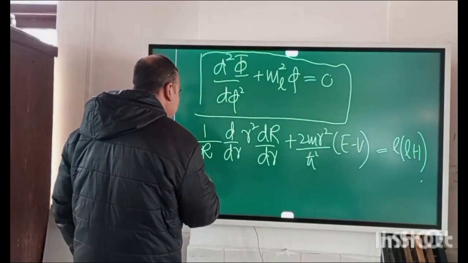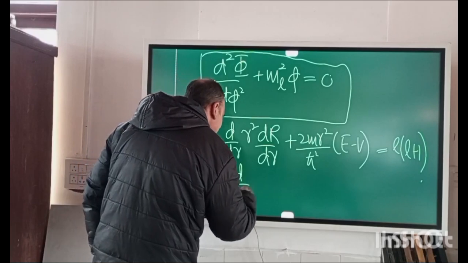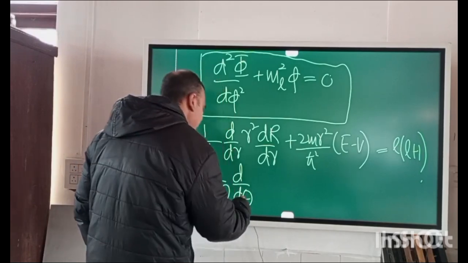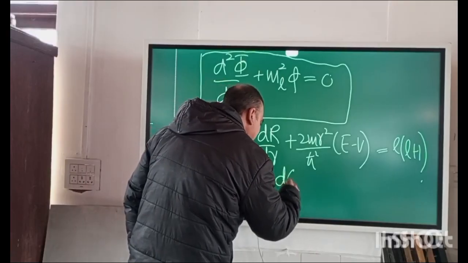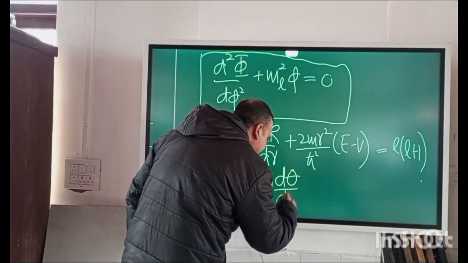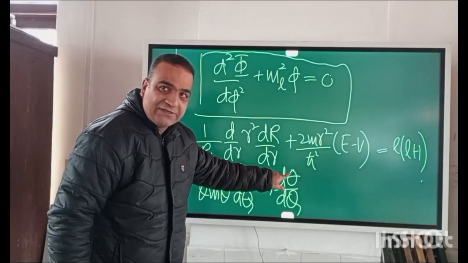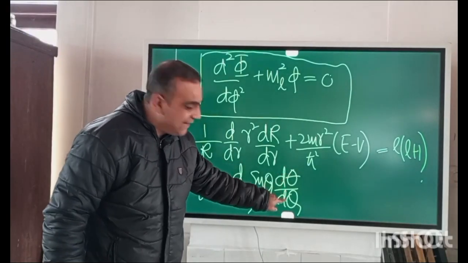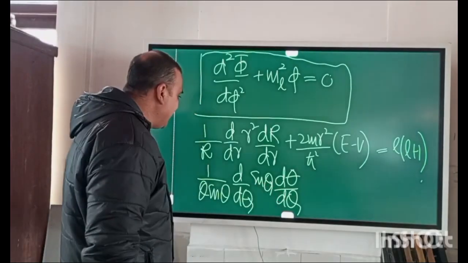The third equation was 1/(Θ sinθ) d/dθ of (sinθ dΘ/dθ). This Θ is the capital theta, and the small theta is the actual angle.